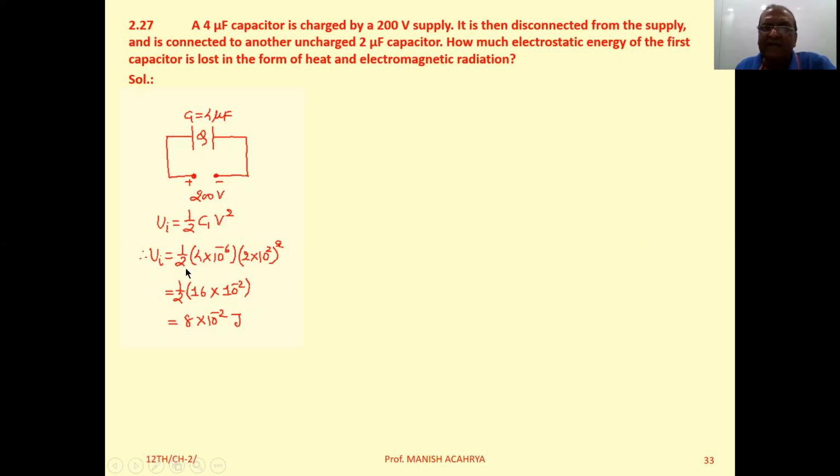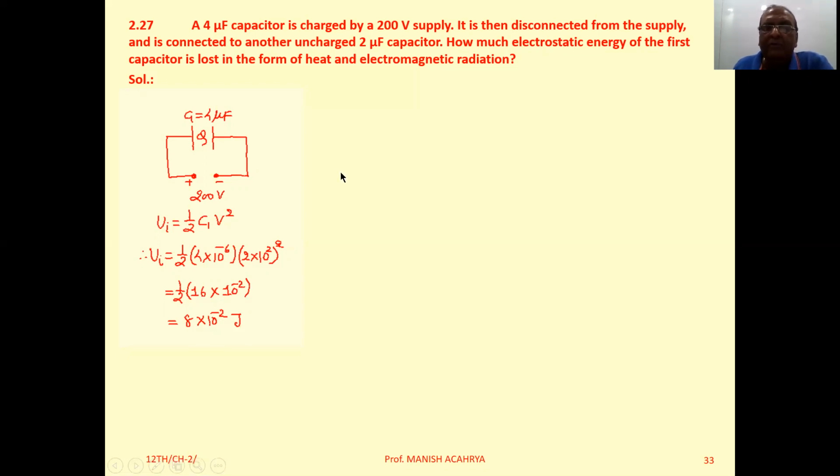So Ui, that is half C1, that is 4 microfarad, so that is 4 into 10 raised to minus 6 farad, V that is 200 volt. So 2 into 10 raised to 2, square of it, times 8, and you will get the answer 8 into 10 raised to minus 2 joule.